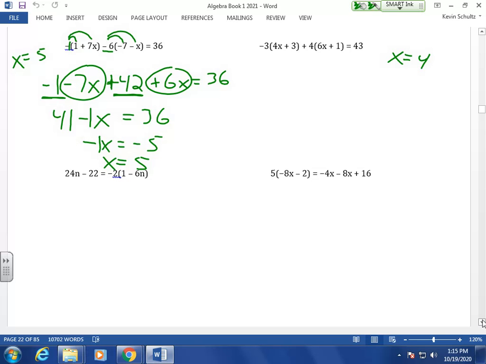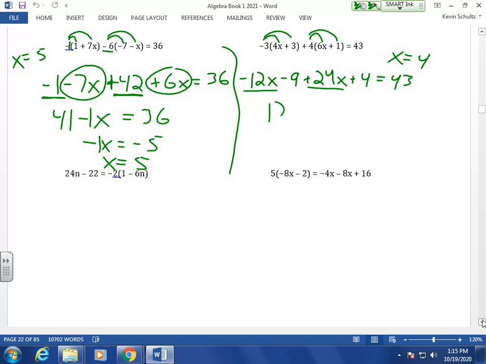Okay. Getting you started on the next one, similar situation. We're distributing twice. Negative 12x minus 9. And then 24x plus 4. Combine like terms, negative 12x and positive 24x is a positive 12x, negative 12 plus 24.